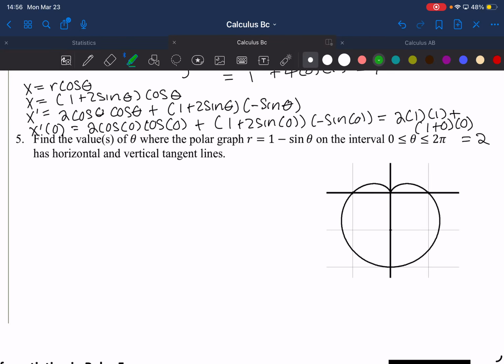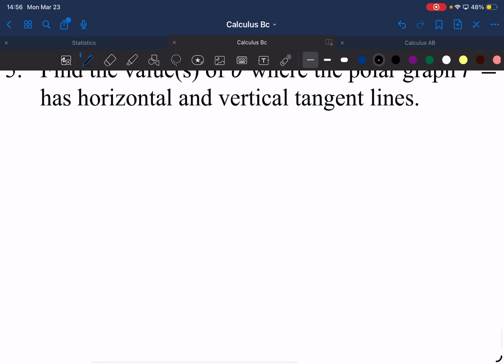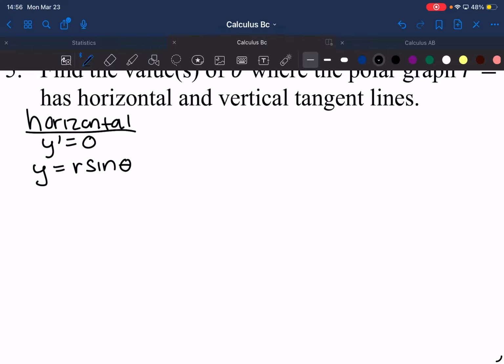In order for us to see if they have horizontal tangent lines, that means y prime has to equal 0. So first we establish what y is, and remember y is equal to r times sine of theta, and they give us r as 1 minus sine theta. So I have y is equal to 1 minus sine theta times sine theta.